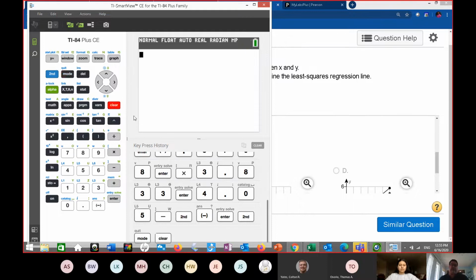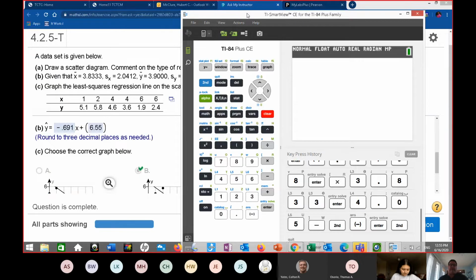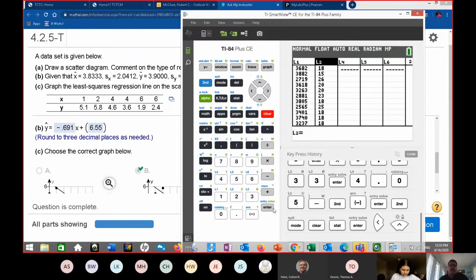We'll clear everything. All right, type everything in, go to Stat, Edit. I don't know where all those came from. Let's see if I can hit clear and see if it'll clear the whole thing. Yep.